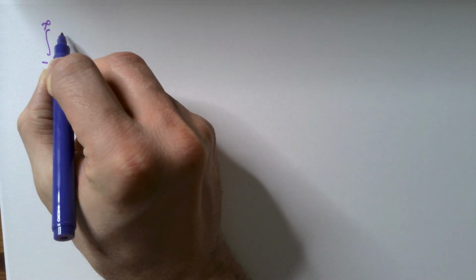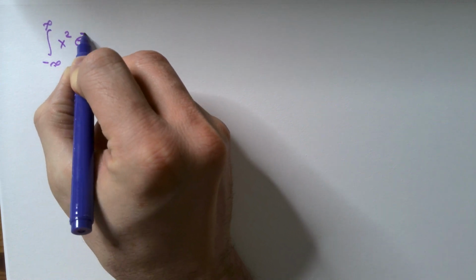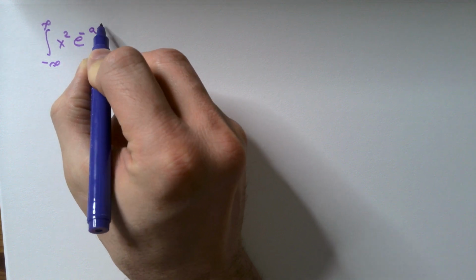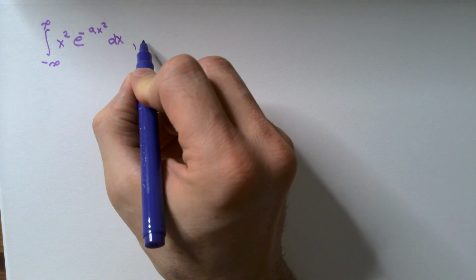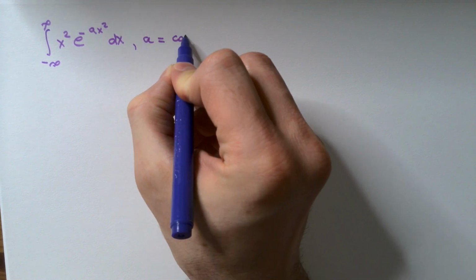Let's do it. The integral that we wish to solve is the integral from negative infinity to infinity of x squared e to the negative ax squared dx, where a is a constant.